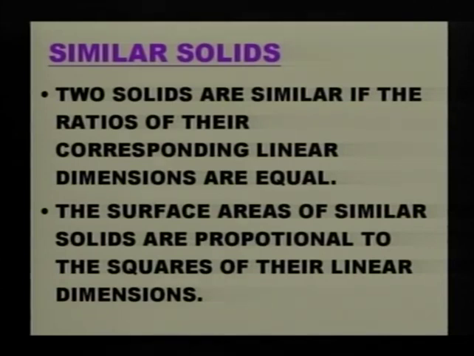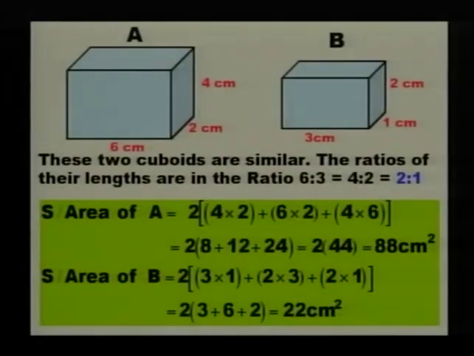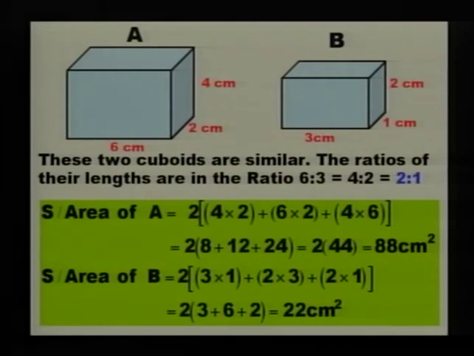Okay, we look at what happens to their areas. I actually went ahead and calculated the surface area of these two solids, but if you can look at just the area of the front face first. The area of the front face of this one will be 6 times 4, which is 24. The area of the front face here is going to be 3 times 2, which is 6.